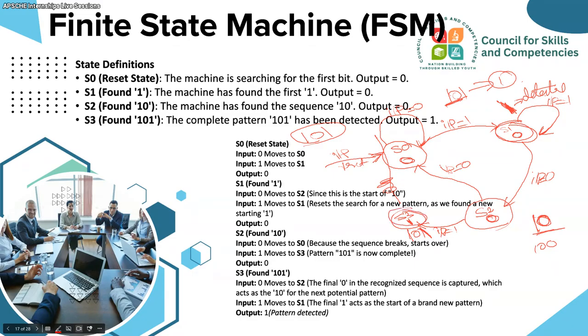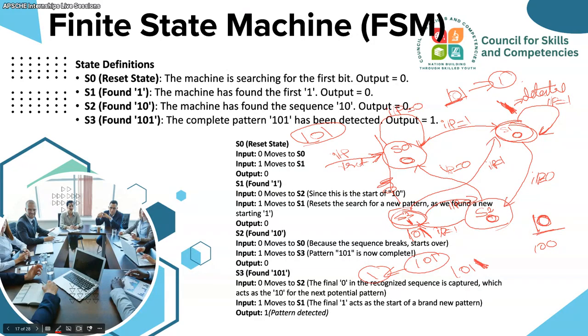Whenever it is in the S3 state, you will get the output as 1. Then suppose in this state, if we are getting an input as 1, that means it wants to move to the S1 state. Why, sir? Because we already detected 101 and got 1 when it moved to S3. If you are getting 1, there is no overlapping pattern for that 1.